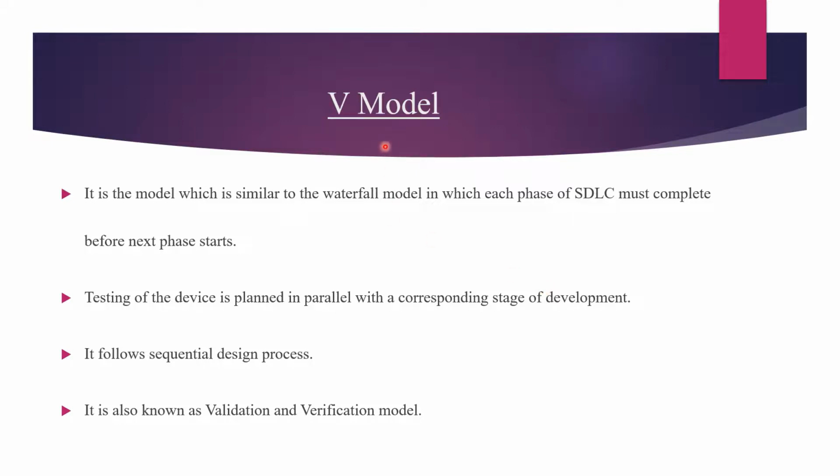Similar to that, the V model performs it, in which the testing is planned in parallel with the corresponding stage of development, meaning that as any process is going on, the testing of the application is done in parallel while the project is going on.